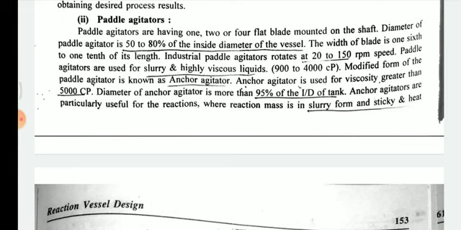The main advantage is that it is used for slurry and highly viscous liquid. A modified form of the paddle agitator is known as an anchor agitator.